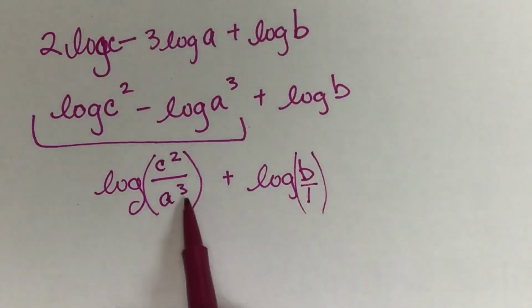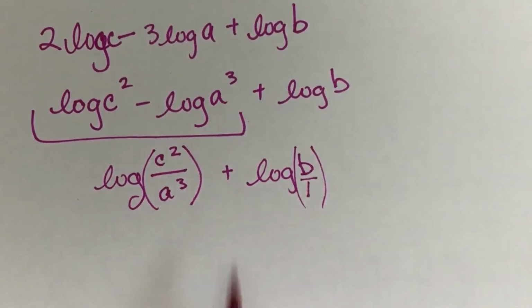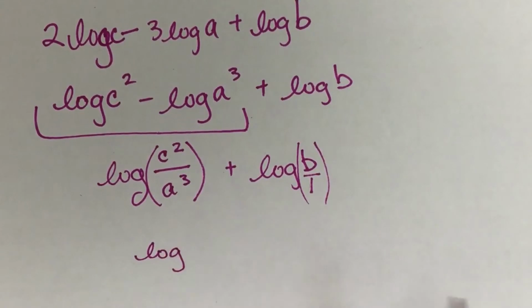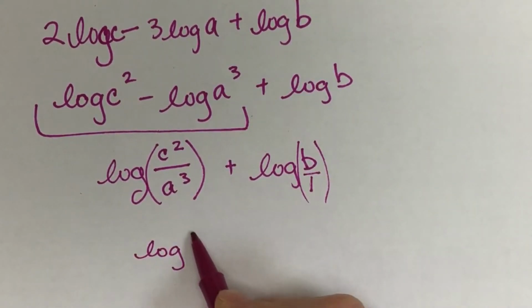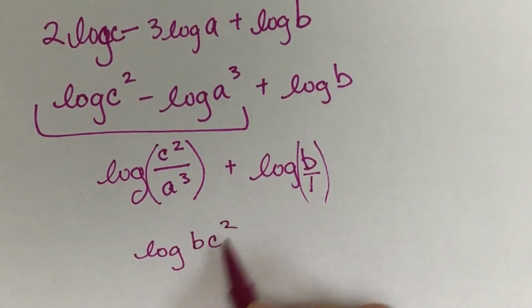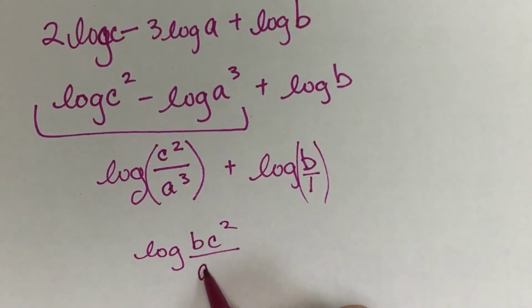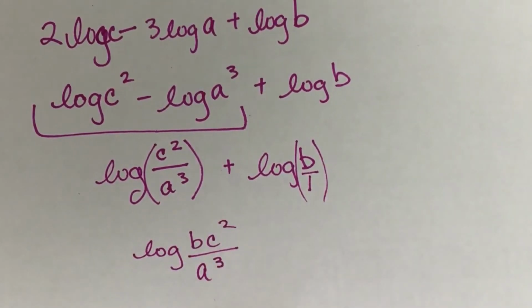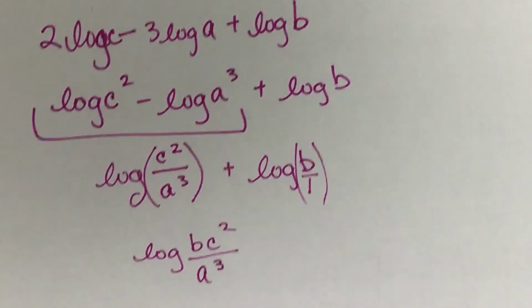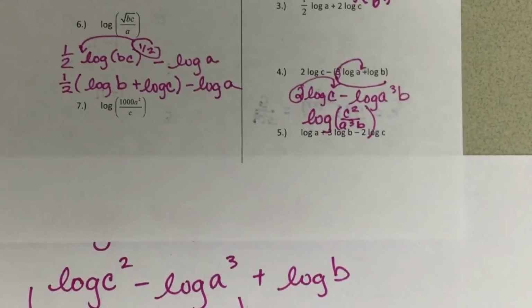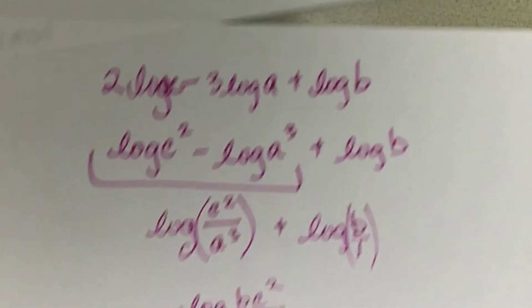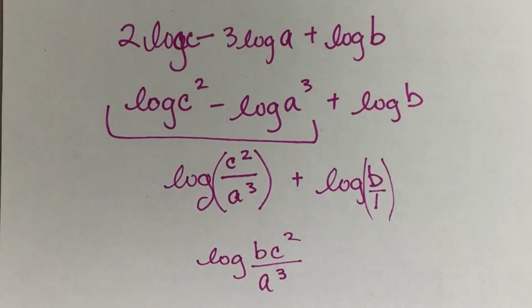So when you go to condense these and you're multiplying, that b is now going to be on top. So I'm going to end up with log of b c squared over a cubed. So as you can tell though, that is a different answer than when we had the parentheses and we knew we had to do this first. So that's why I want you guys to pay particular attention to those.